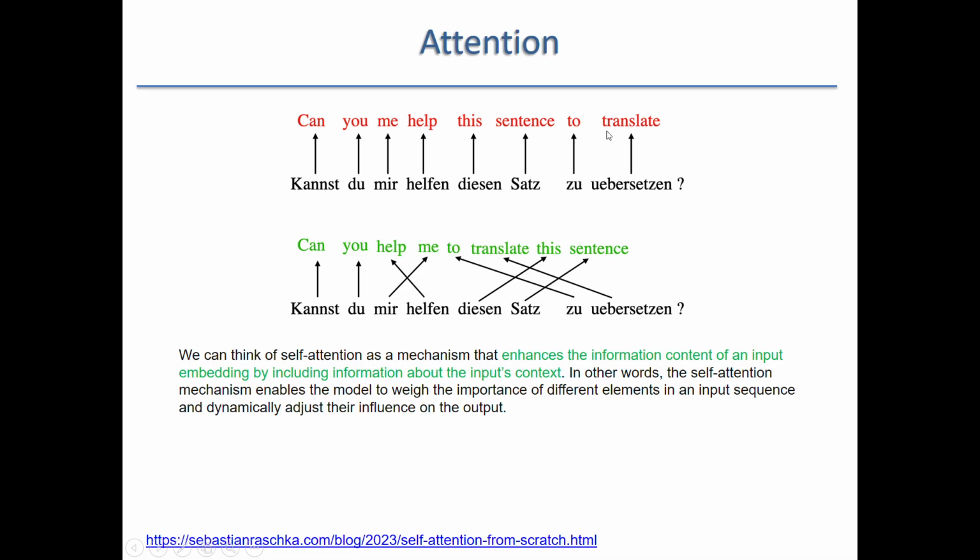Somehow the third word in English has to look at the fourth word in German. So which tokens should be paying attention to which tokens in the input is this mechanism of attention. And the same concept can be applied to images or to any other kind of data.